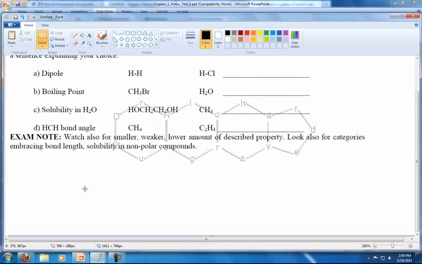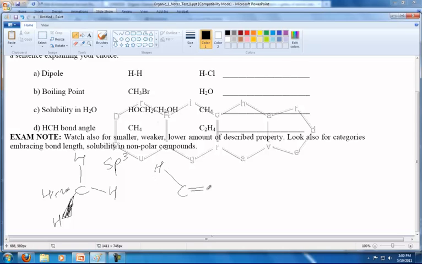Now if you've got CH4, CH4 is going to be like this. That means there's four things attached to it. It's all single bonded, so we're going to go for an sp3 hybridization.